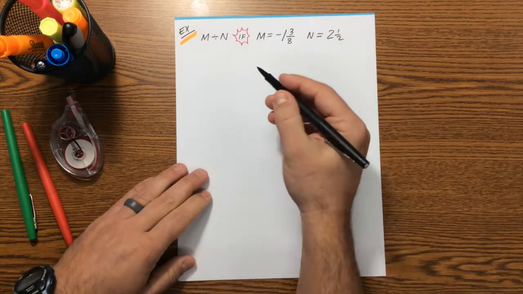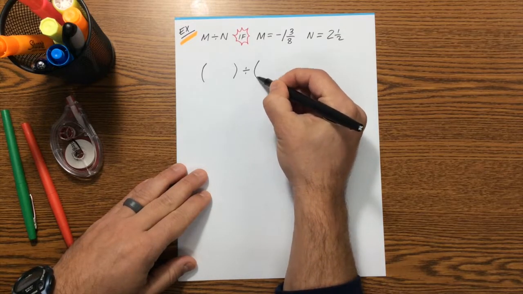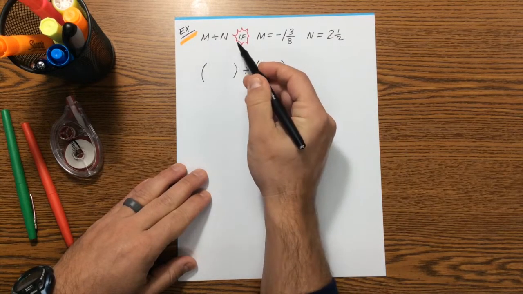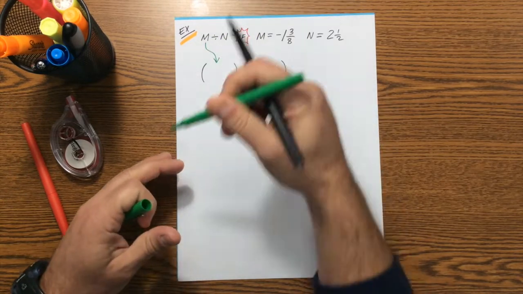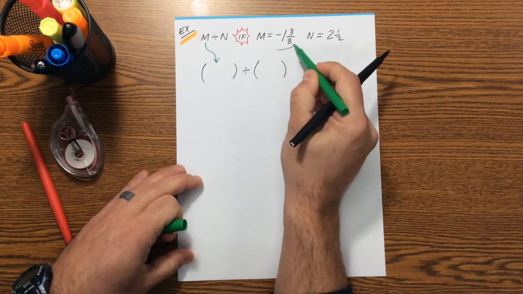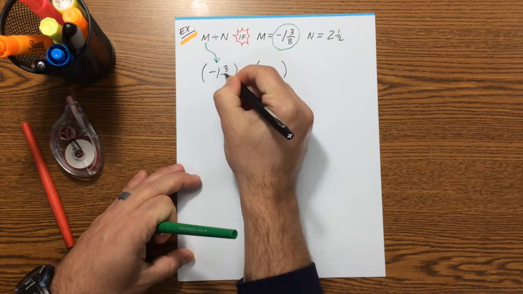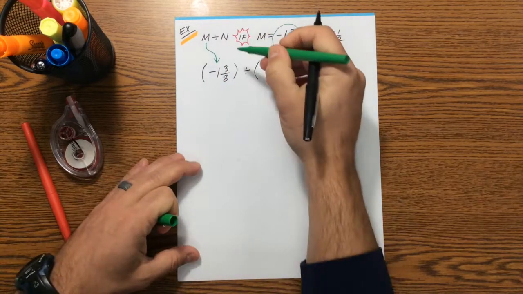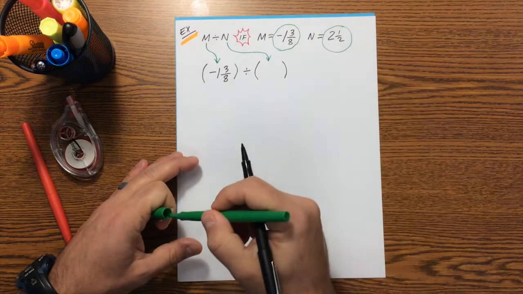All right, same thing. I'm going to go ahead and substitute in for my variables. Okay? For n, I'm going to substitute in a -1 3/8 and for n, I'm going to substitute in 2 1/2.